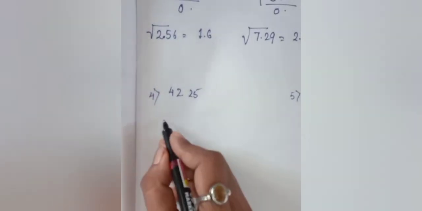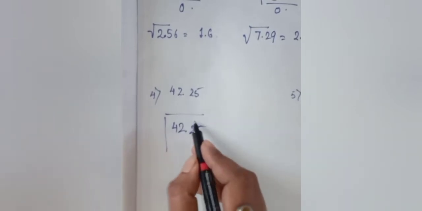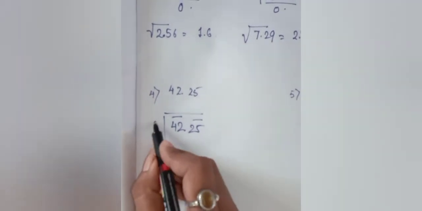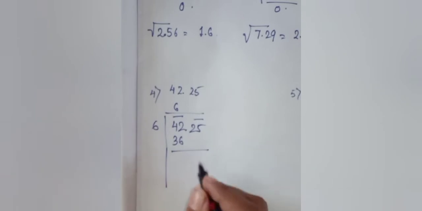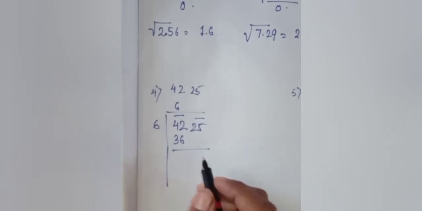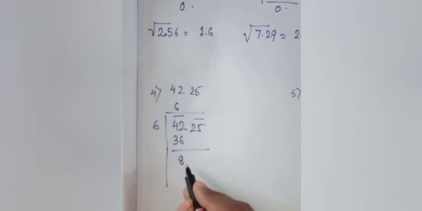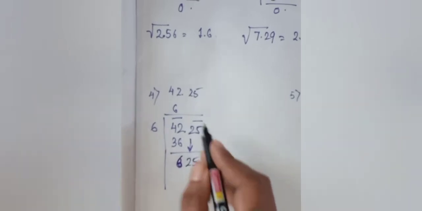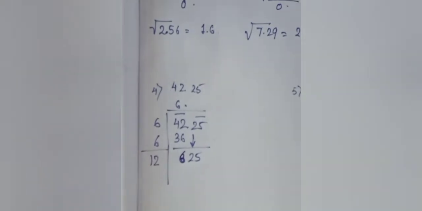Question number 4, 42.25. Put the bars on the number, that is 25 and 42. The square number is 6 times 6 is 36, which is less than 42. Subtracting 36 from 42, we get 6, and bringing 25 down here and putting the decimal in the quotient, and here 6 plus 6 is 12.